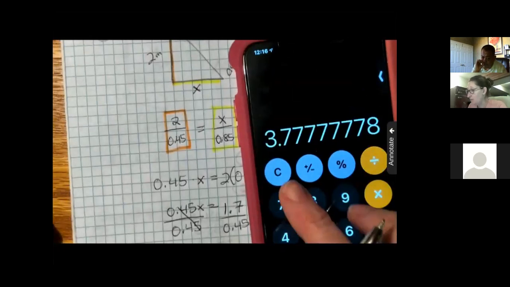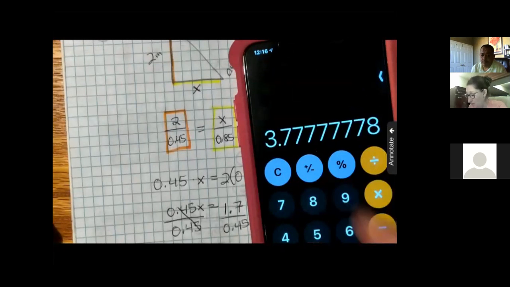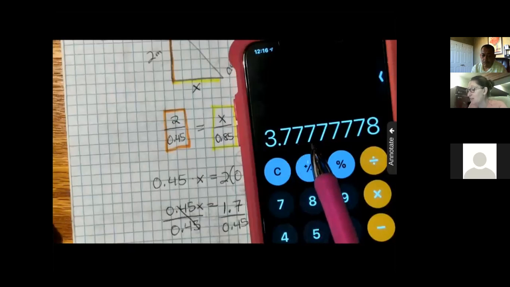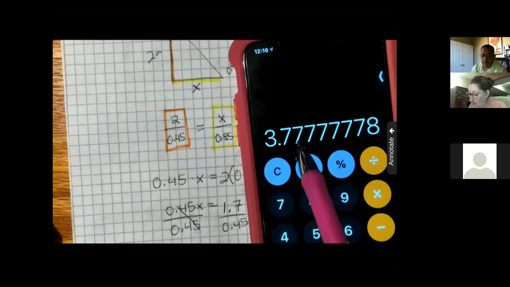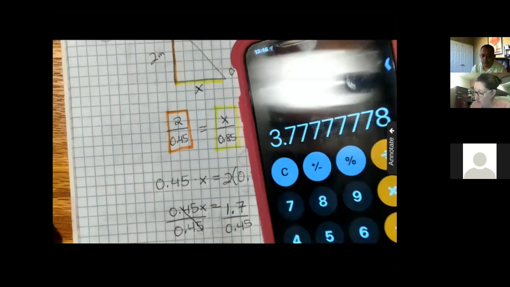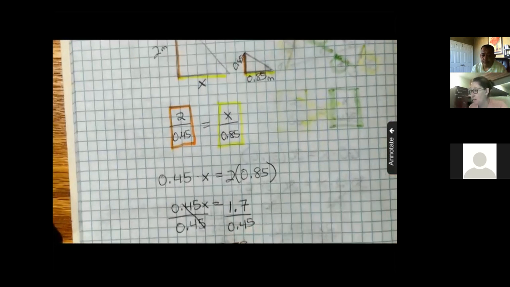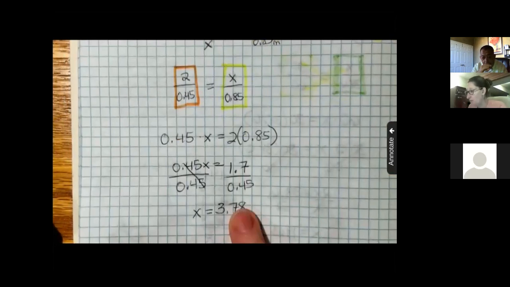And it said round to the nearest hundredth. So the first 7 is tenths, the second 7 is hundredths. But I need to look at the third in the thousandths and ask, is it 5 or more? Then I have to add 1 to that 7 to make it 8. So that becomes 3.78.